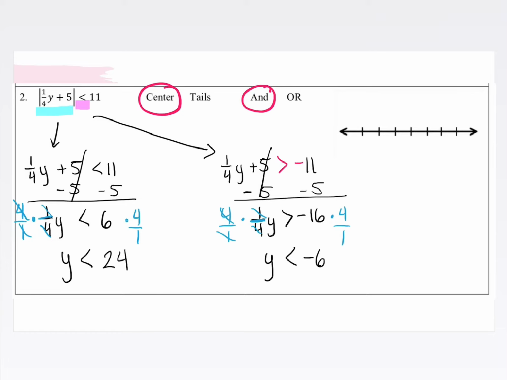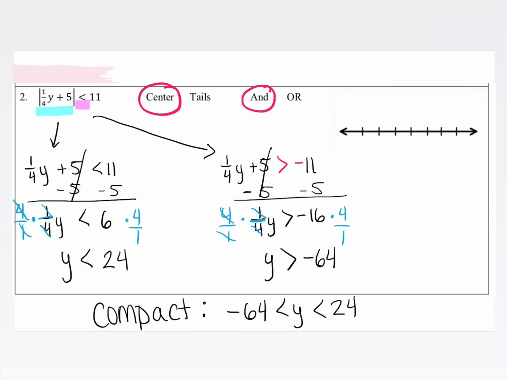Now, because this is an and, we can write this in the compact format, the smooshed format, and get, I changed the inequality here. Y is greater than negative 64. I apologize. That's why it's always good to double check your work. So we have negative 64 is less than y, which is less than 24.